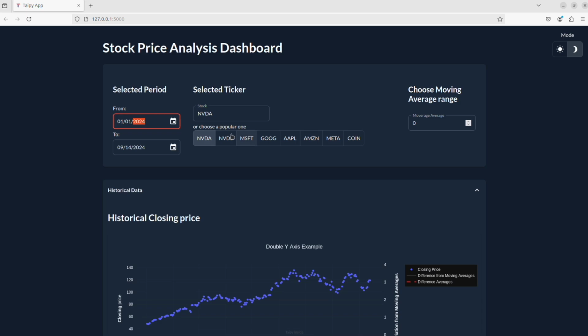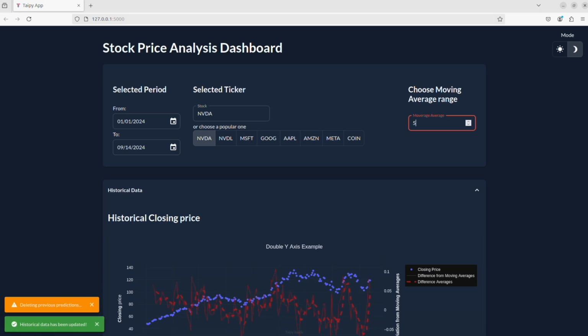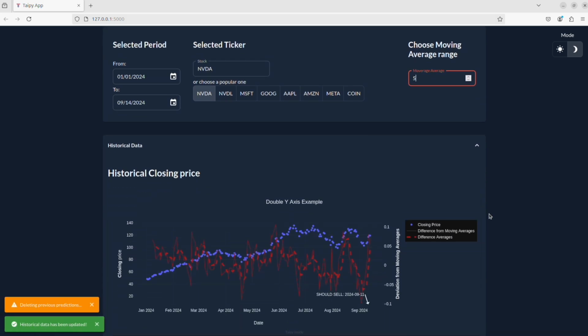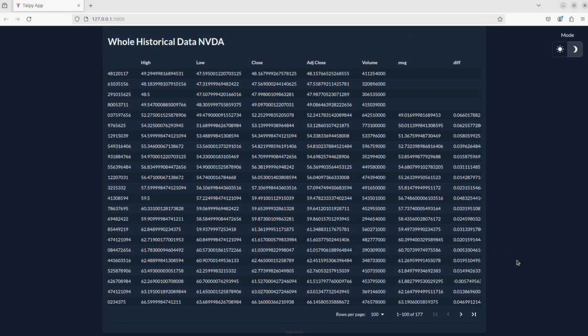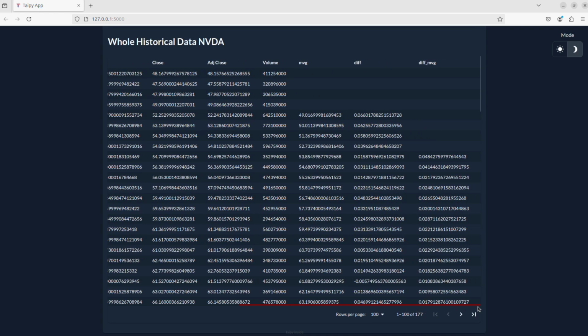So let's say after we have selected the date and the stock ticker, now you can choose, say, 5 days, a 5-day moving average sliding window, right? So now you start to see the red lines show up on the graph, and you will also see in the data panel that the 3 moving average columns have been filled.